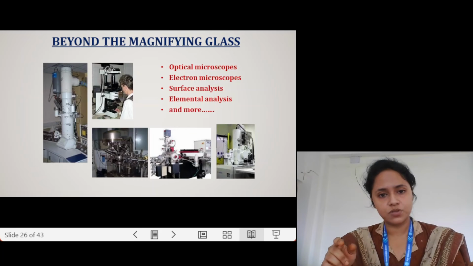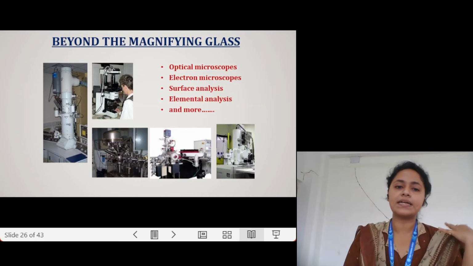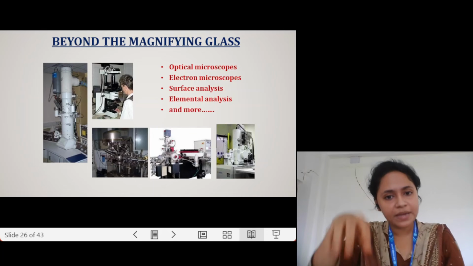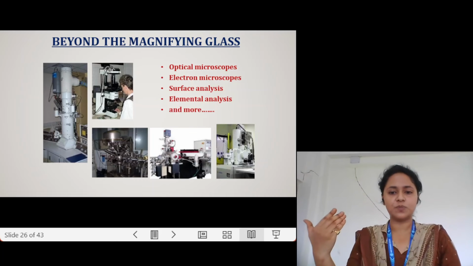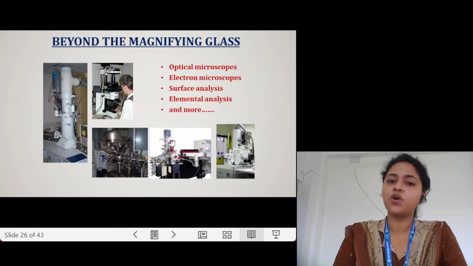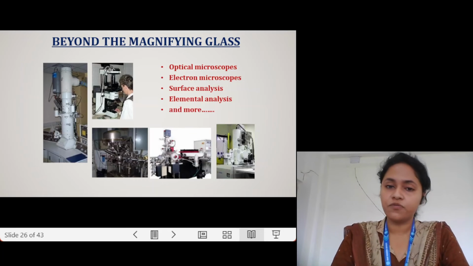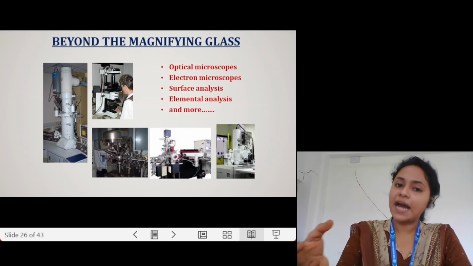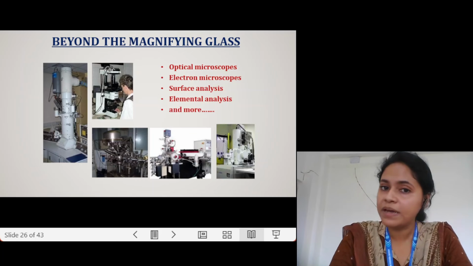But in those microscopes, particularly for visualizing nano dimensions or nanoparticles, you need electrons to propagate, to get absorbed or reflected back from such materials, and they will bring you some information. You may want to see the chemical composition, or the surface morphology, or anything else. Whatever information you want will be brought to you with the help of electrons, not with the help of light.